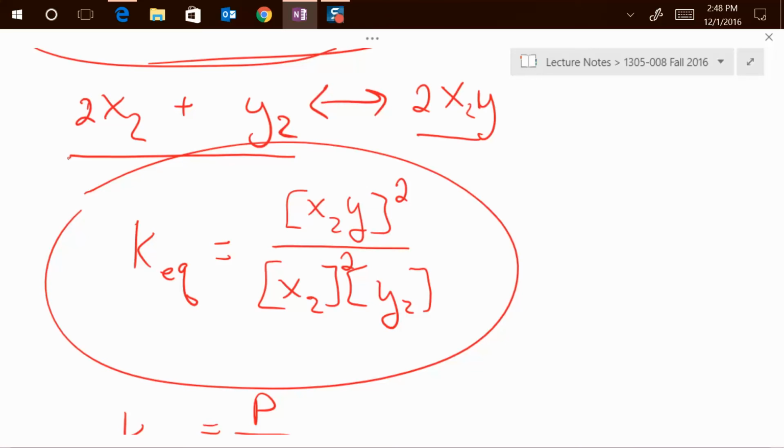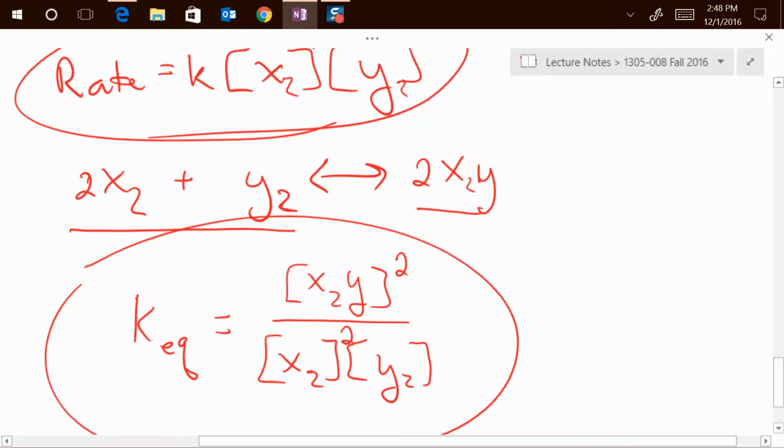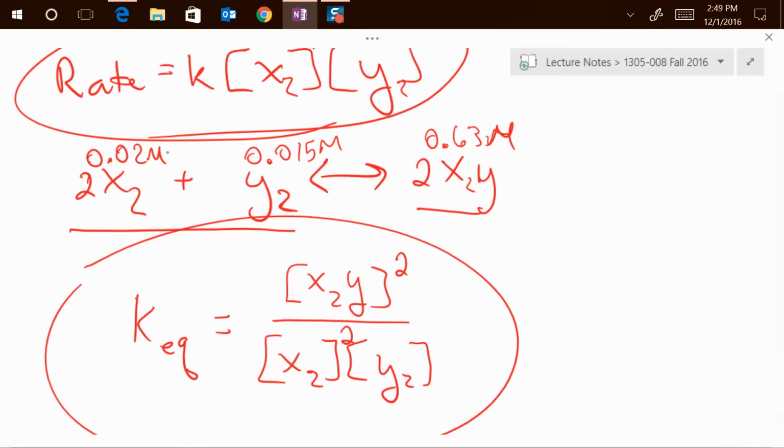You want me to give you numbers? Okay, if I tell you at equilibrium these are the concentrations, what is the KEQ?